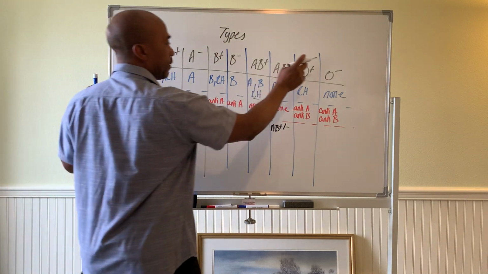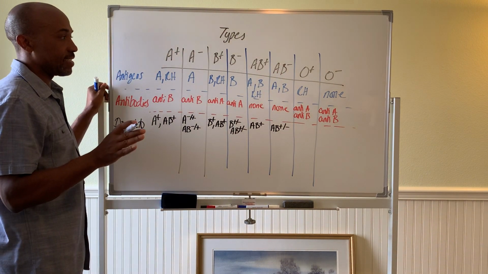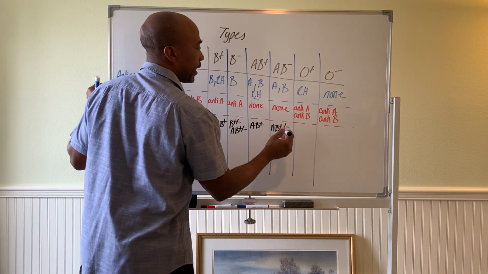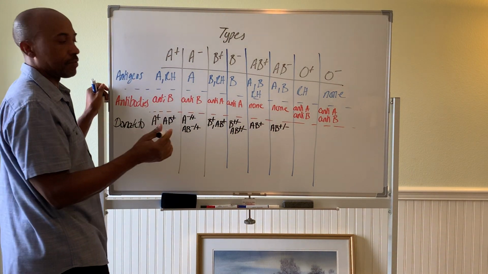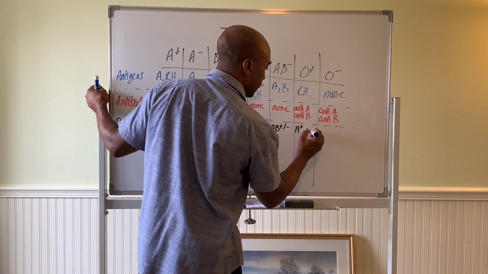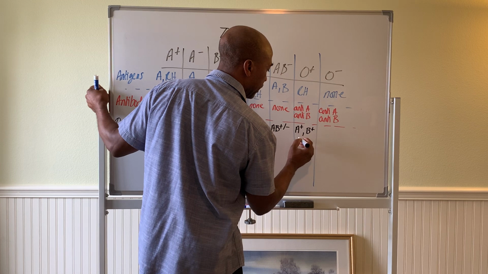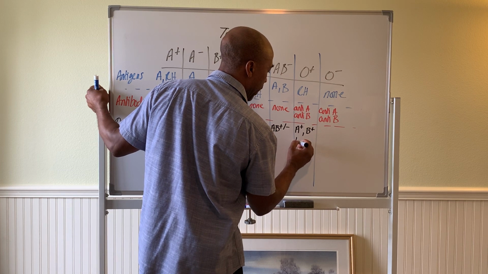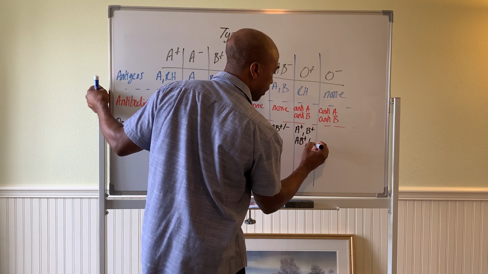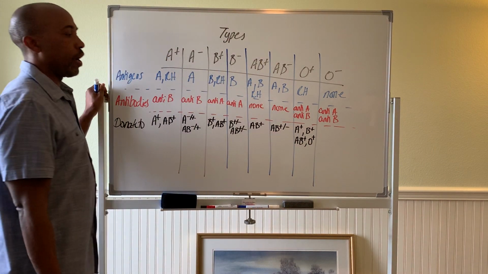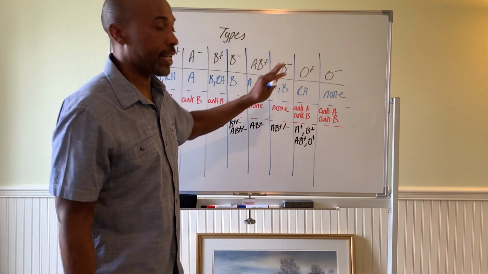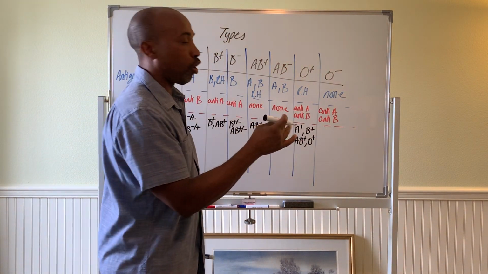The O positive, since it has just the RH antigen, can donate to all of the positives. It can donate to your A positive, your B positive, your AB positive, and of course to itself, O positive. Whereas the O negative, which has absolutely no antigens on it, can donate to all of the blood types.